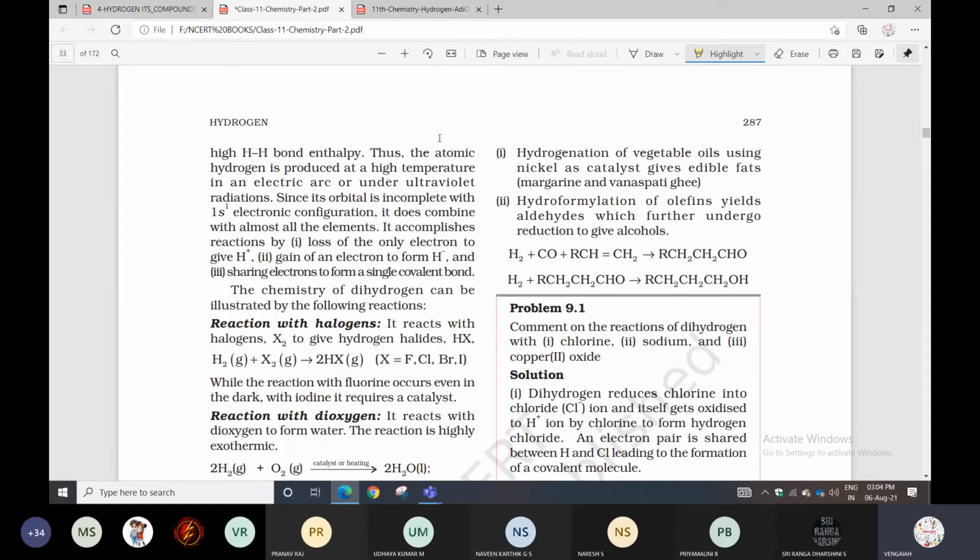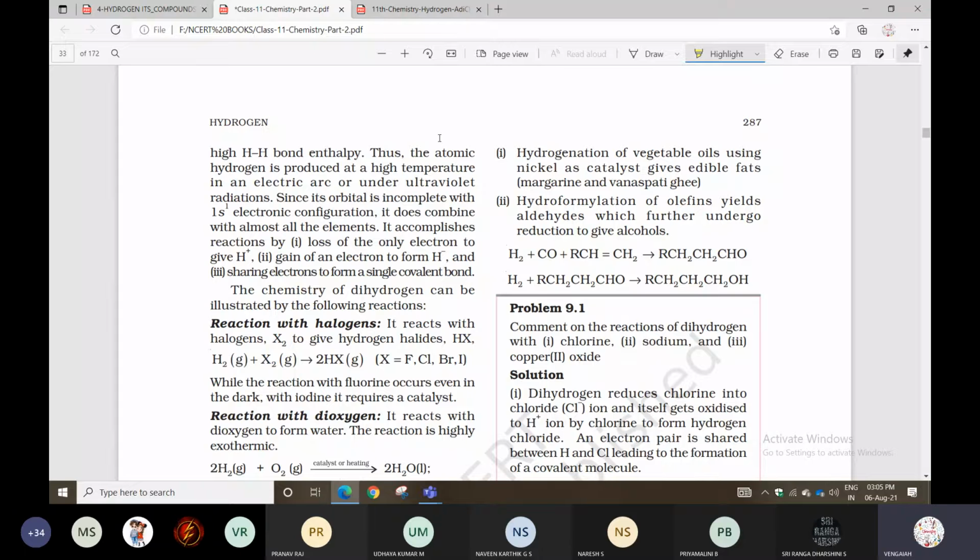Next, atomic hydrogen is produced at a high temperature in an electric arc under ultraviolet radiation. Since its orbital is incomplete, it combines with almost all other elements.